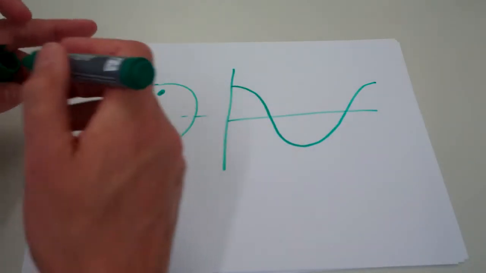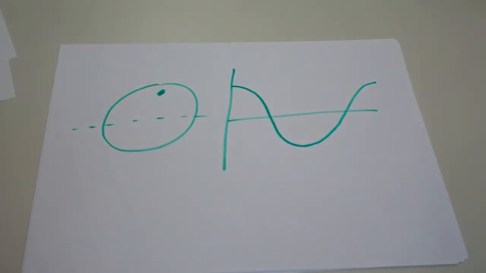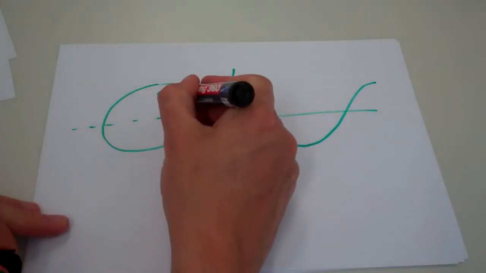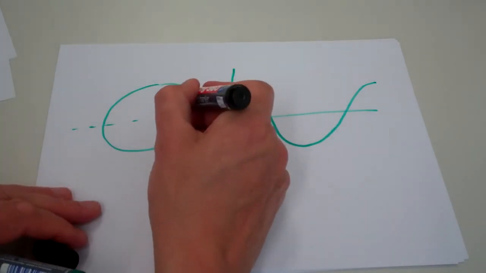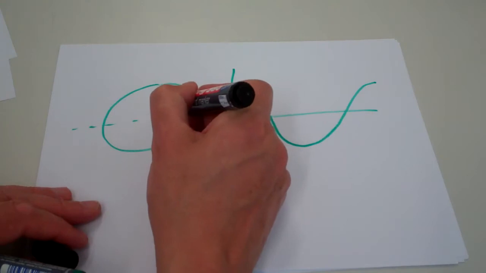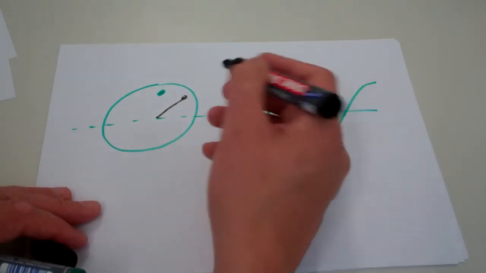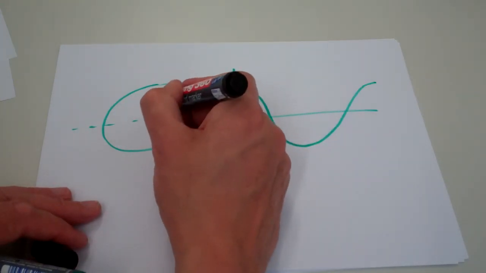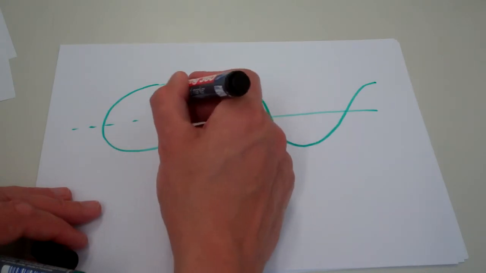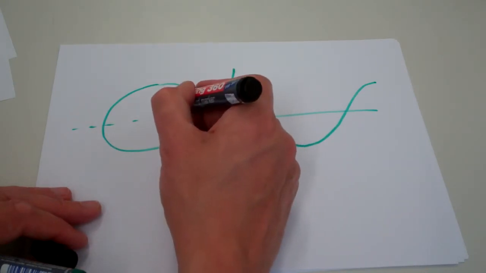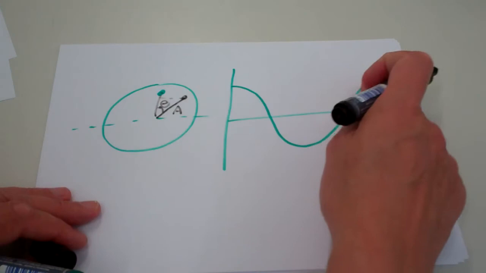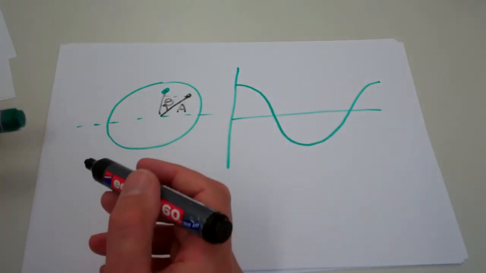And the reason for that is if I quickly draw in that point at this arbitrary point here, if we keep that distance there as a constant, that's actually the amplitude of the motion. There's an angle here, and the height is a cos theta, so not surprisingly, we've drawn a cos graph.